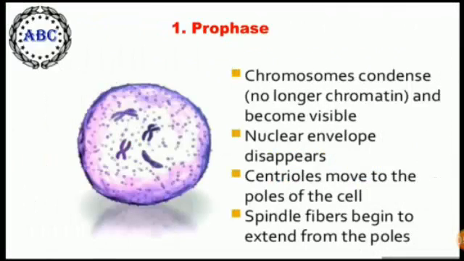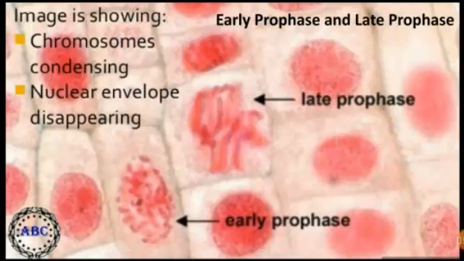In prophase the chromosomes condense, that is, they are no longer chromatin but are in the condensed form, which is easily understood, as there are two sister chromatids attached to each other by the centromere, and these are visible in late prophase. The nuclear envelope starts to disappear in late prophase. Centrioles move to the poles of the cell and spindle fibers begin to extend from the poles.